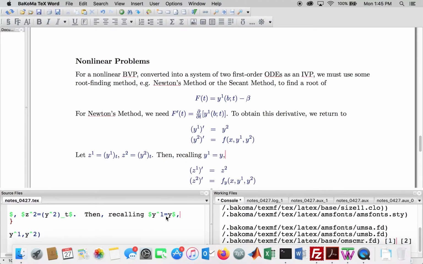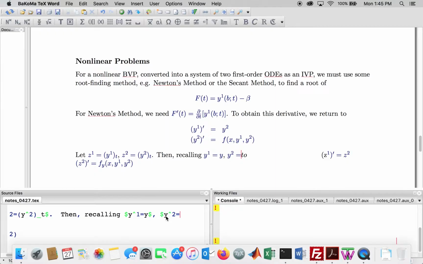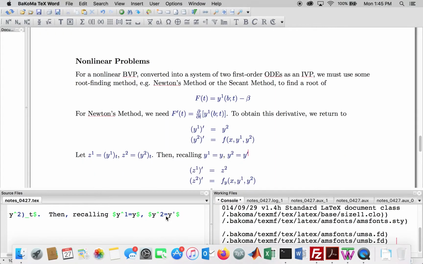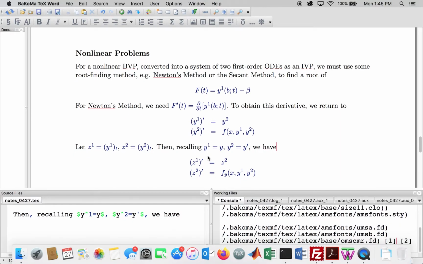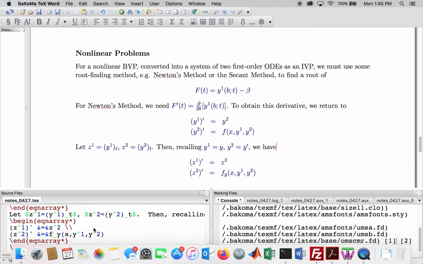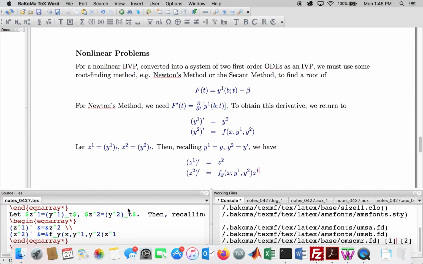y1 comes from y, and y2 comes from y prime, which again is dy dx. Okay, so for chain rule, I have df dy, dy dt, but that's just going to be z1 plus partial of f with respect to y2, which is y prime.